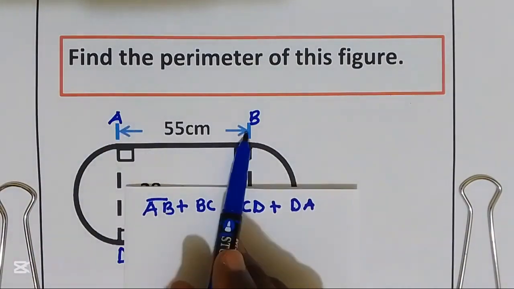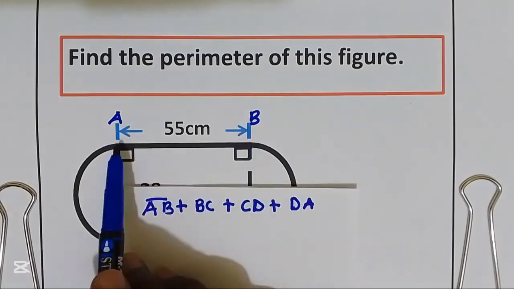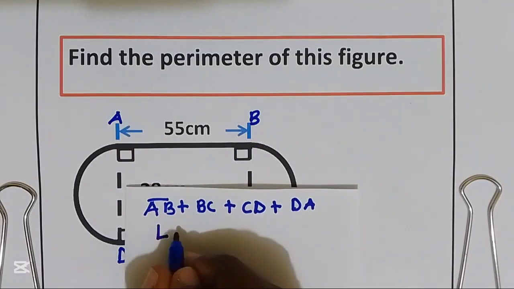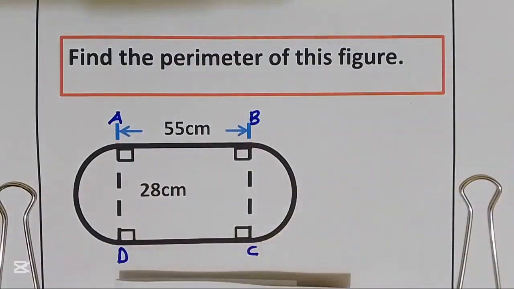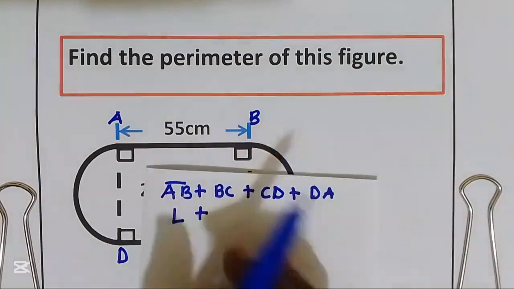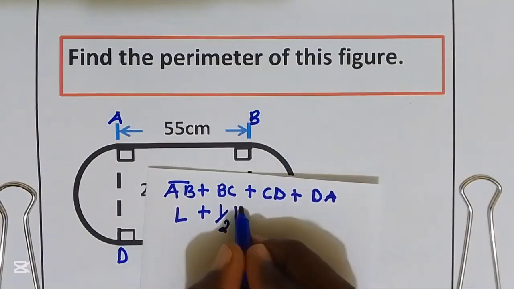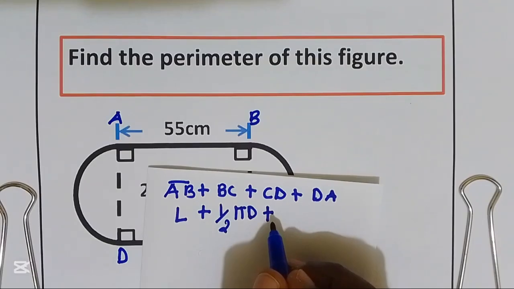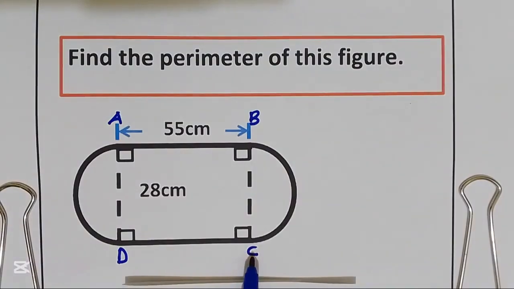Distance AB is the same as the length of our rectangle, so distance AB is equal to L. Arc BC is a semicircle, whose distance is given by a half pi d. Then we are going to add distance CD.